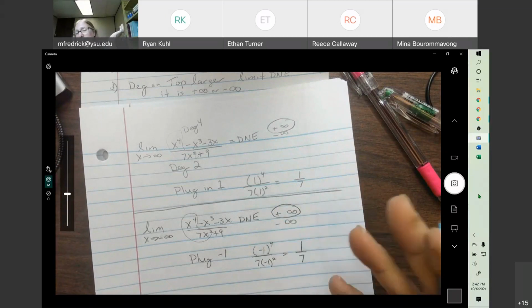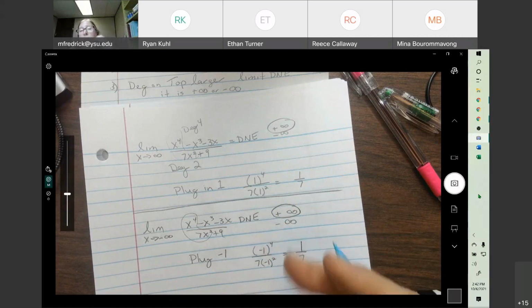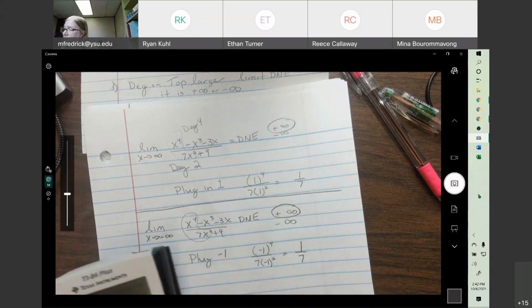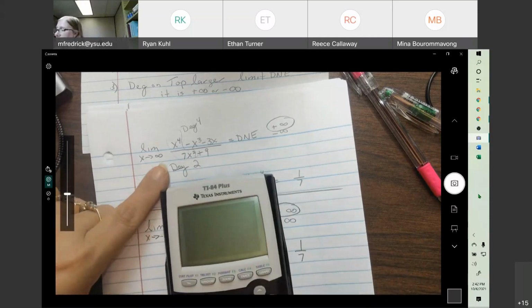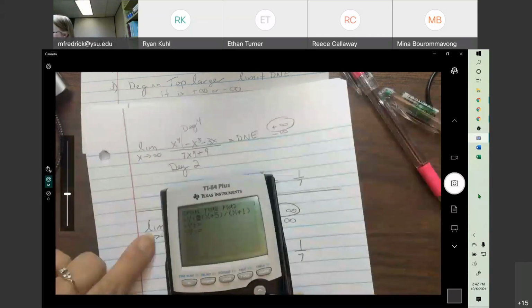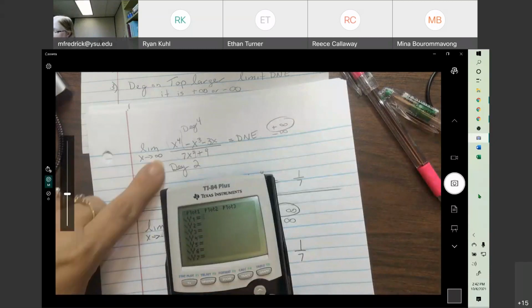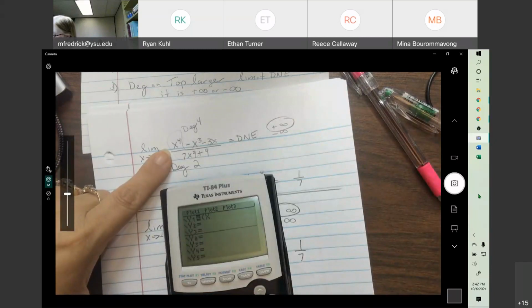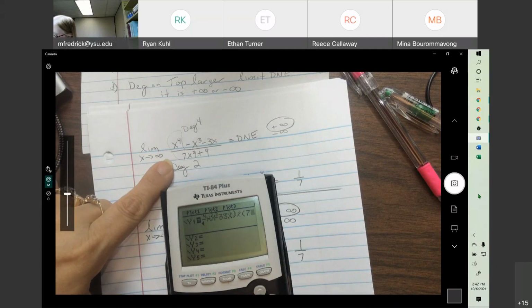I think it's quicker than typing the equations into the calculator, but I will show you what happens if you do. So if we type the whole equation, x to the fourth, there we go.